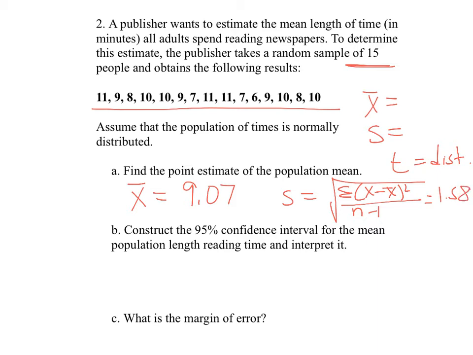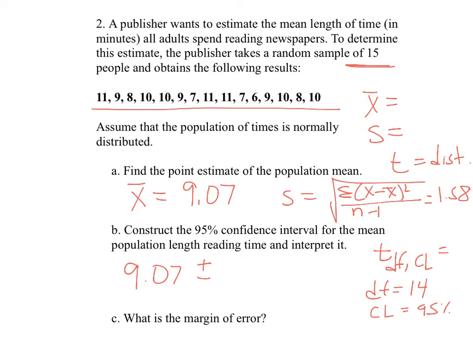Next we're going to construct a confidence interval for the mean population reading time and interpret it. First, what do we need? We need to know that x bar is 9.07. For our confidence interval, remember, we need a t statistic, and t is defined by the degrees of freedom and our level of confidence. In this case, the degrees of freedom is 14, which is n minus 1, or 15 minus 1, and the confidence level is 95%.